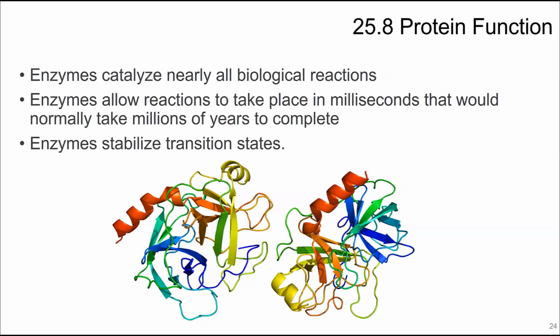So enzymes catalyze almost all biological reactions, and a lot of these enzymes are made of proteins. And enzymes allow reactions to take place very quickly, which otherwise would take millions of years to complete. They also stabilize transition states. So a serine protease, which is shown here, is an enzyme that cleaves peptide bonds.